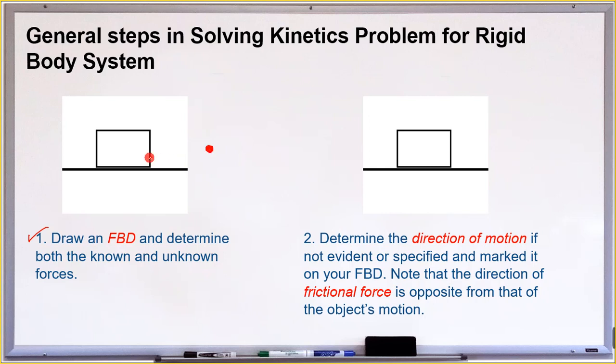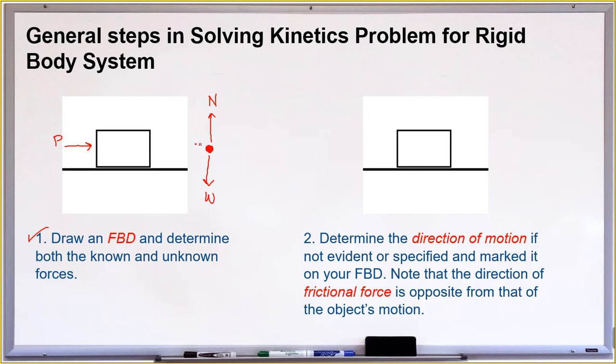And then the forces that interact with it: the first obvious force is its weight W. And then, of course, since it rests on top of the surface, the surface exerts a normal force N. And then let's assume that there is an external force that acts on this block towards the right.